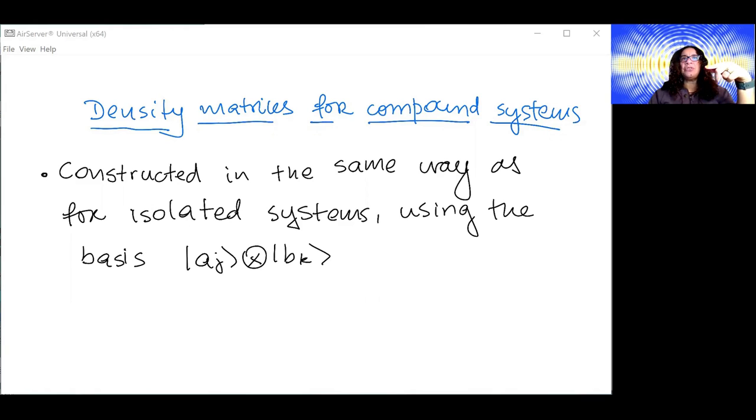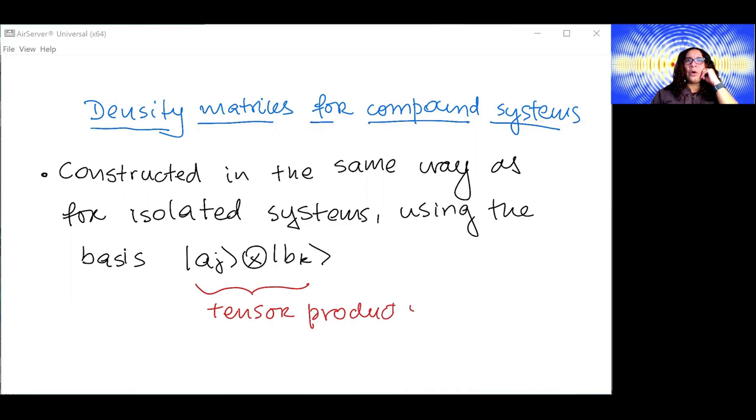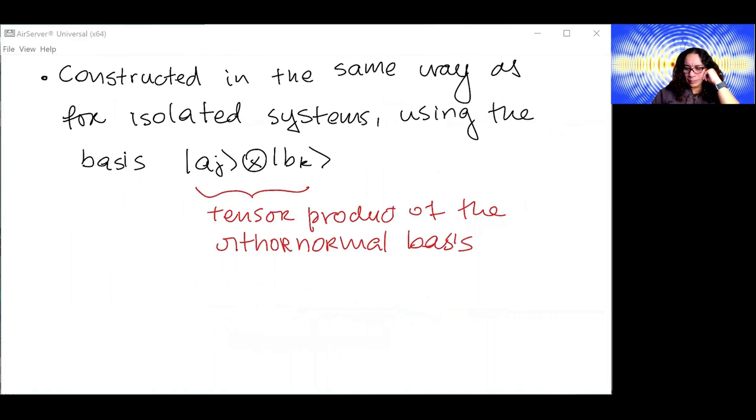And just to remind you, this is the tensor product of the orthonormal basis AJ and BK.